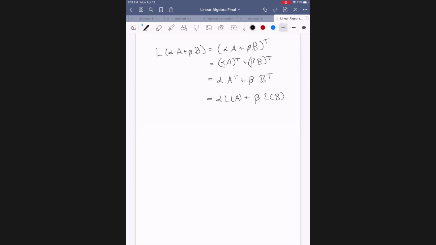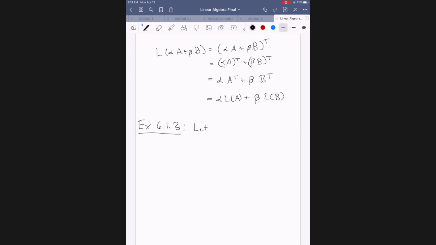All right. Let's look at two more examples, and that pretty much finishes the introduction to linear transformations. Example 6.1.3, sorry.